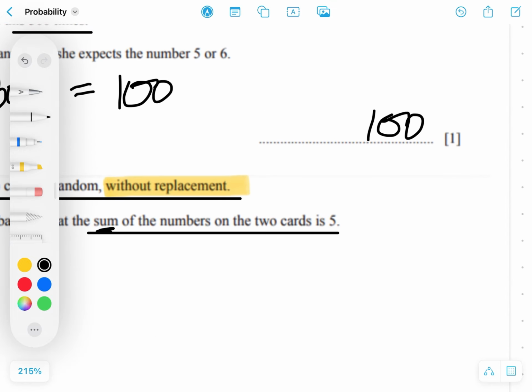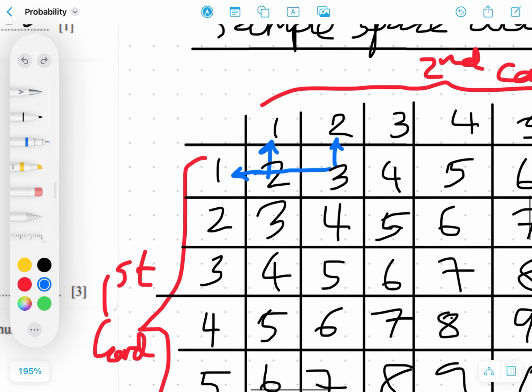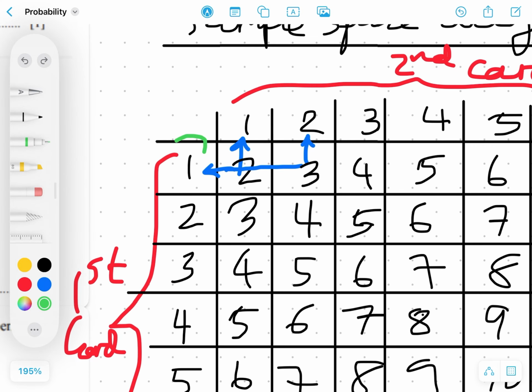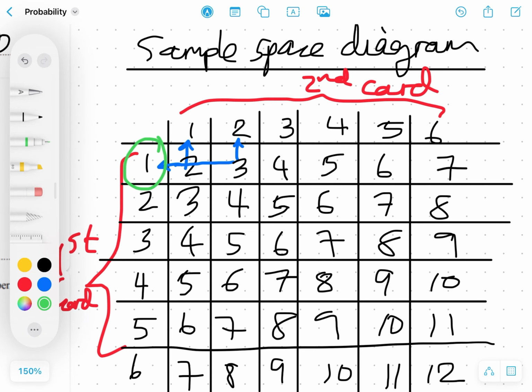But now remember that it's without replacement. So that means that if she chooses a 1 on her first card, it's taken off the deck, and she can't choose it on the second card again. She can't have two of the same numbers. So therefore this cell right here, the 2, is removed from the sample space diagram.